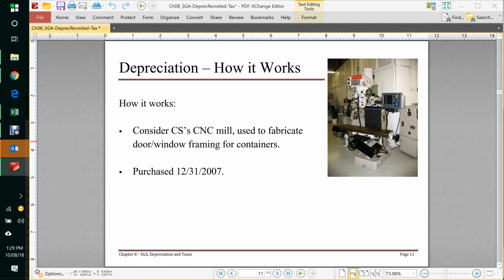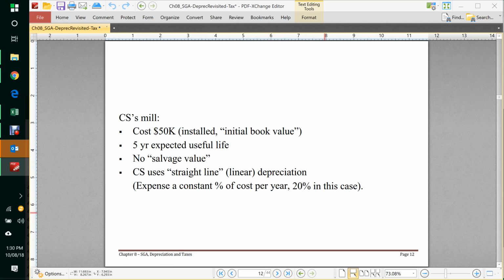Okay, so Container Space has some CNC mills. Here's an example one they use to fabricate door and window framing for the containers that it's modifying. So let's say they purchased this one on 12/31/2007. Okay, and for this mill, it cost $50,000.